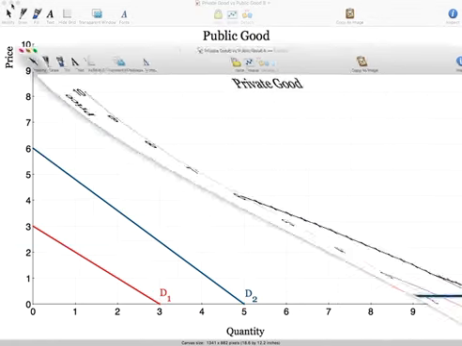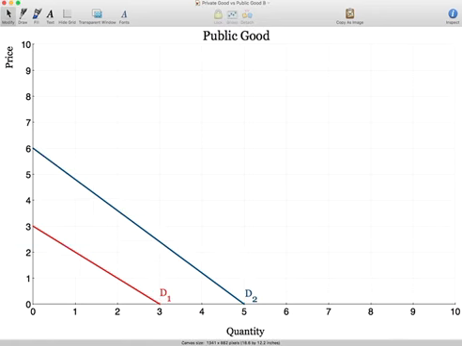For a public good, we do the same thing, except we do it for quantities. So let me put this line in here, and let me change that so it's not got the cross sections on there. We do the same exact procedure, except now we're going to move along the x-axis for the quantities.